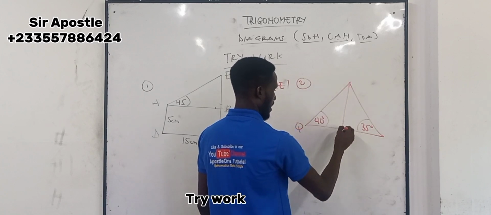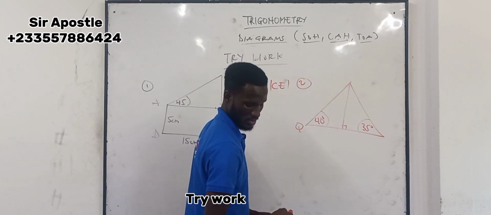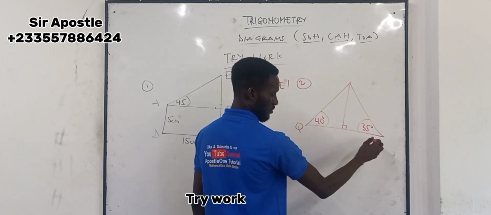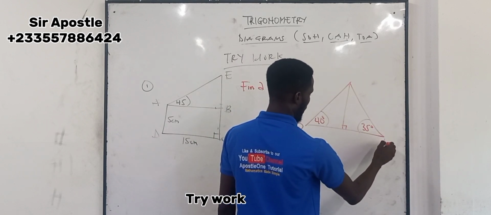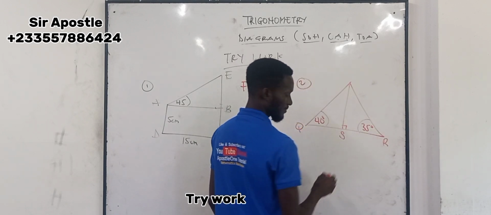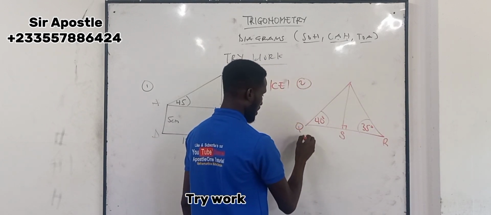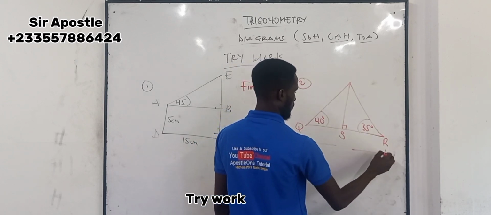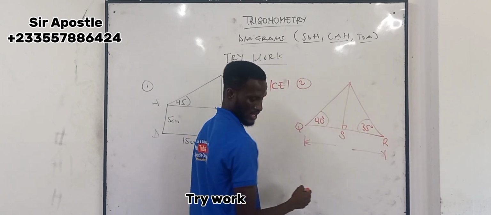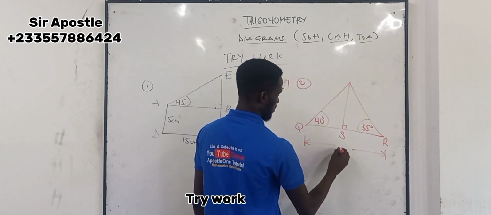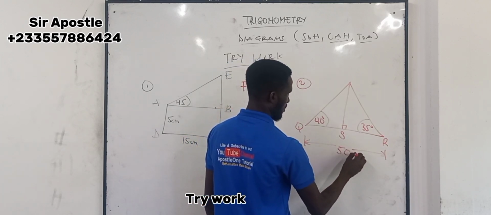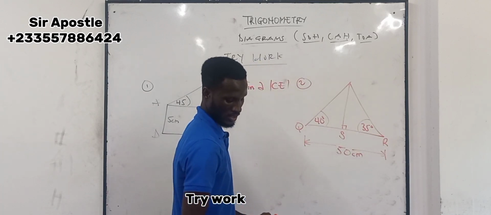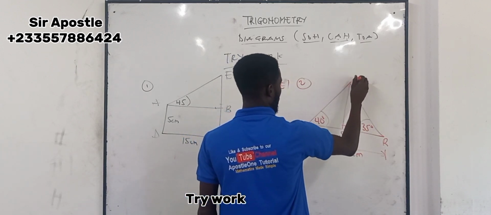There's a straight line here, 90 degrees. Here is Q. Here is R. And this side is X. Now from Q to R is 50 centimeters. Now here is P.